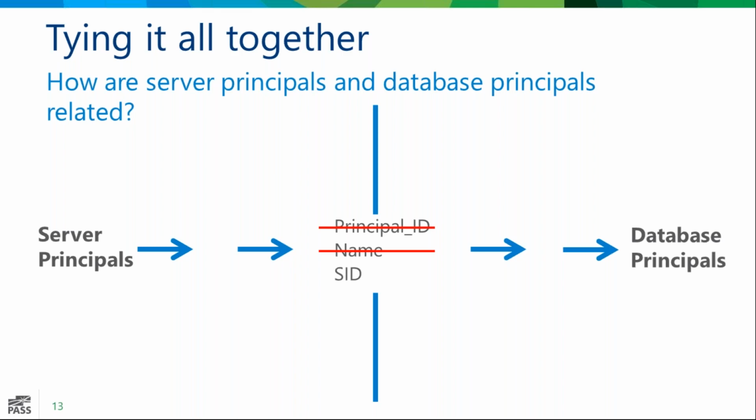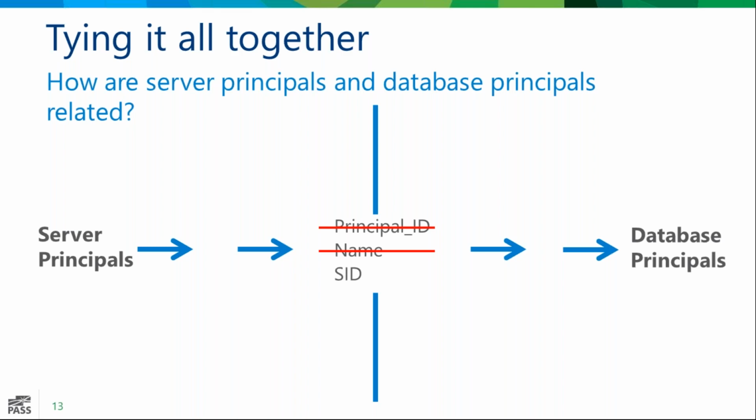You know, I've got domain/user at the server level and I'm not seeing it at the database level. And for the life of me, I can't figure out why. Until I go back and remember, I'm being an idiot, that it's the name. I don't want to be looking at the name.